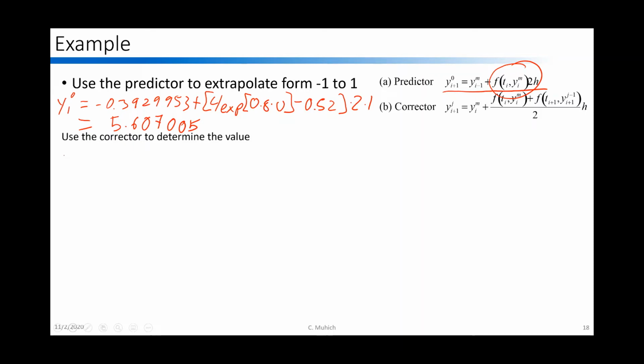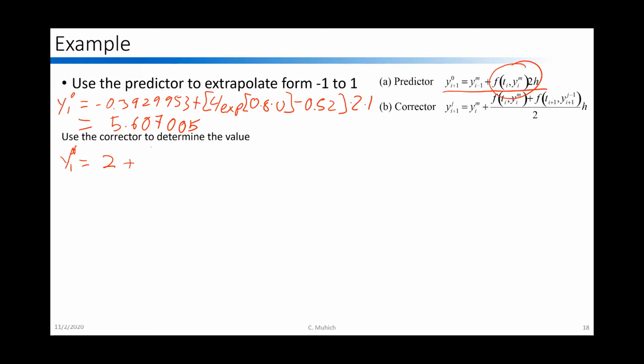Okay, so now that I've gotten my value, I can go ahead and use the corrector. So in this case, we have y1 equals my current step, which is 2, that's where I'm currently at, plus I need my current slope and the predicted slope.